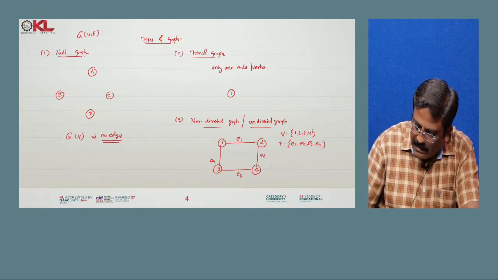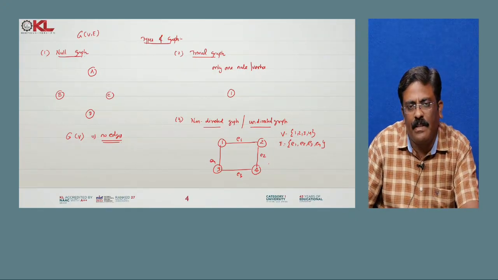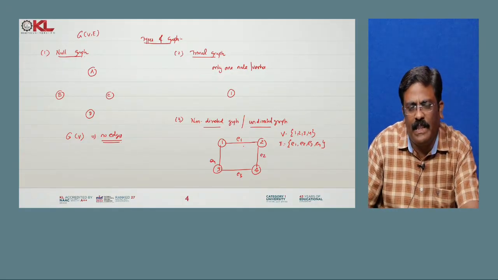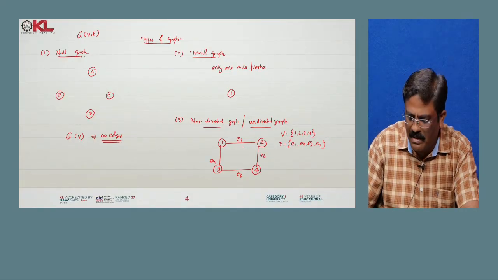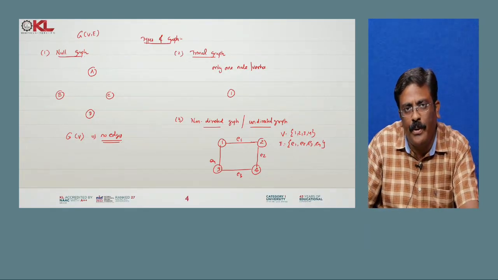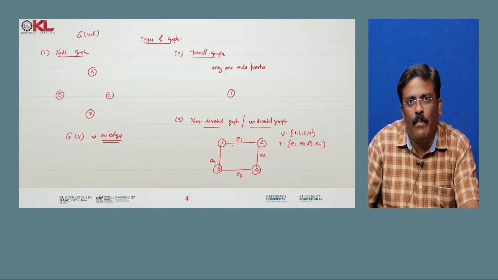But see that there are no directions on the edges. It's not indicating whether the edge is moving from 1 to 2 or 2 to 1; both can be taken for granted, because no direction is indicated.